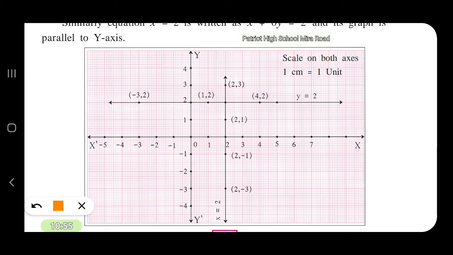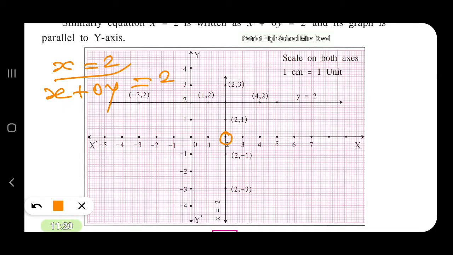Similarly, for x is equal to 2, linear equation x is equal to 2, we can write it as x plus 0y is equal to 2. So we select a point, x is on the x-axis, so it is this point, x is equal to plus 2.